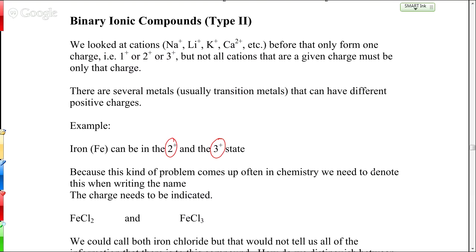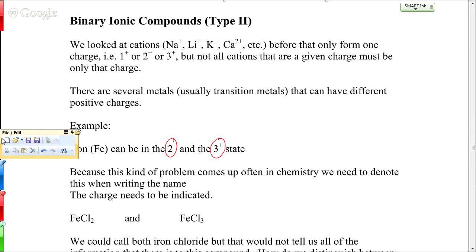Yeah, when it's like one of those in the middle, right? So anytime you don't know what the charge is, you have to use that convention. You have to use the parentheses. And if it is only one possible charge, then you don't use the parentheses. And it's actually wrong to use the parentheses if it's a known charge.